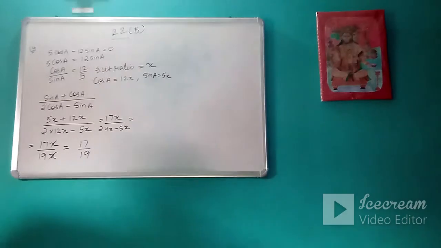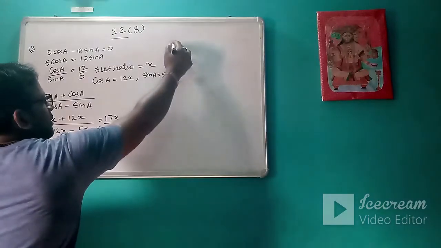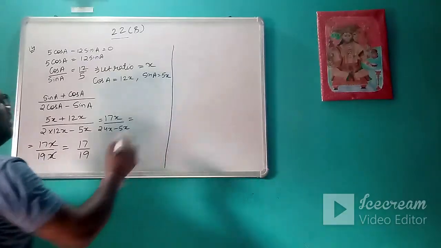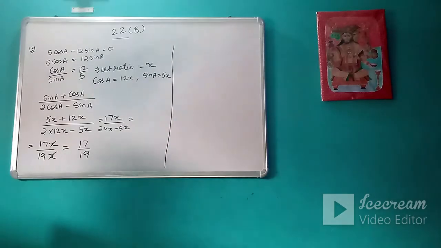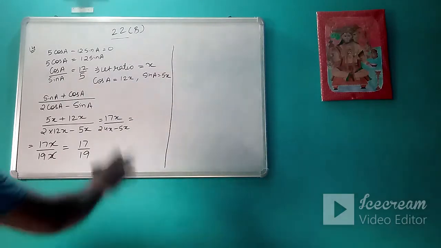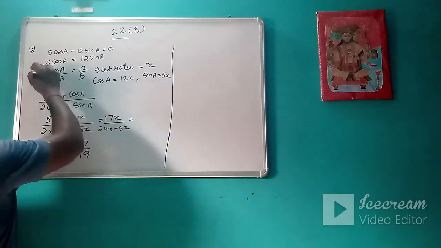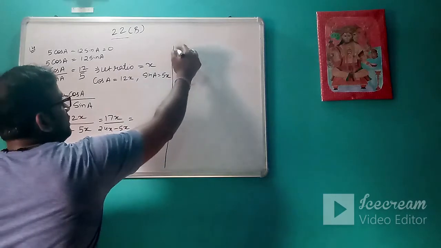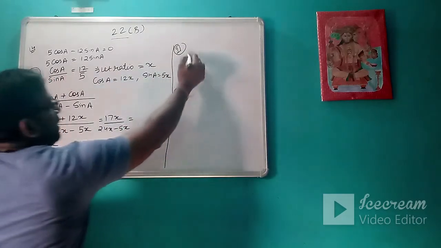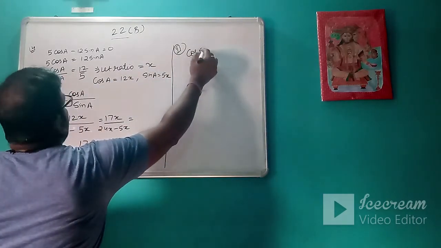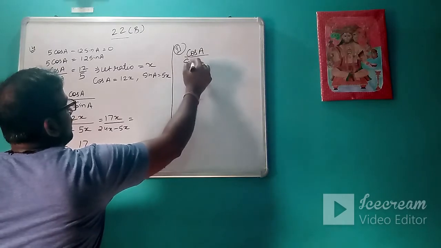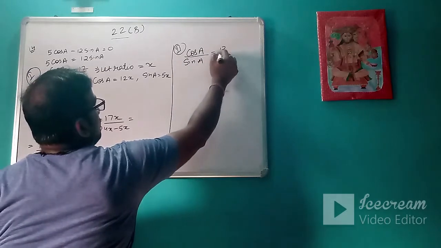Okay, just in case one more method is there. We can solve this question by one more method. This is one method. Okay, one more method you can see. So when you see this, cos A upon sin A is equal to 12 upon 5.